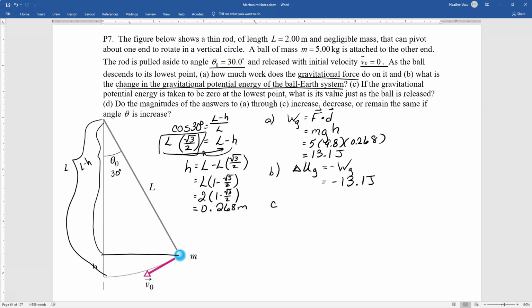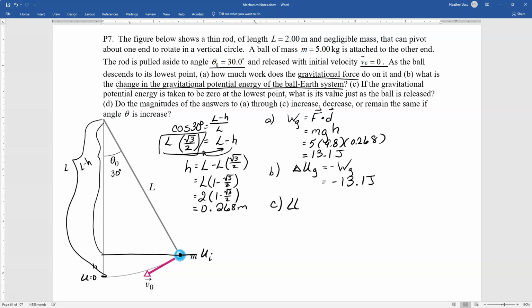Okay, so C. If our gravitational potential energy is taken to be 0 at the lowest point, so if we declare this point to be potential 0, what is the potential here? I'm going to call it U_i.